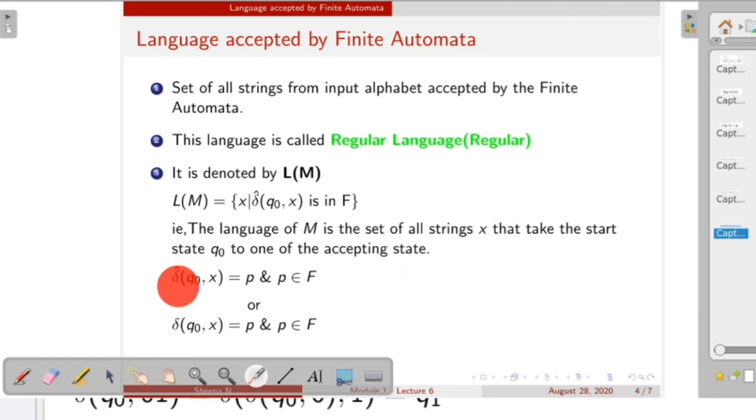That means delta cap of q0 comma x is equal to p, and p is an element of F. So the language of a finite automata is a regular language, and it is represented by L of M. Mathematically, we define L of M as the set of x such that delta cap of q0 comma x is in F. If x is accepted by a finite automata, then x is a member of the language. Okay, that's all about the language accepted by the finite automata. Thank you.